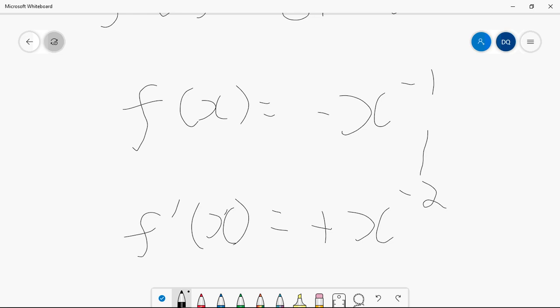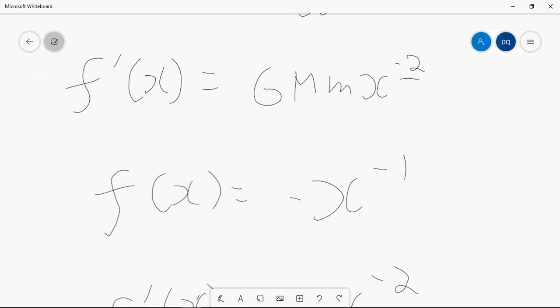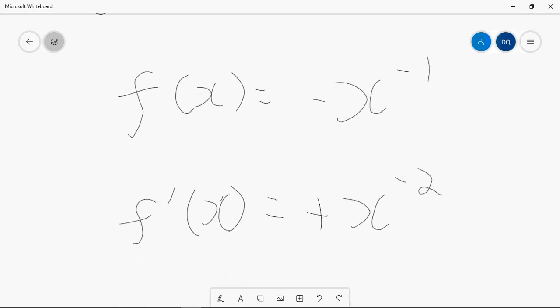Now, if you want the derivative of your function to be multiplied by G M m, all you need to do again is just multiply this by G M m. So instead of negative x to the negative 1, it's just negative G M m x to the negative 1. So what does that mean?